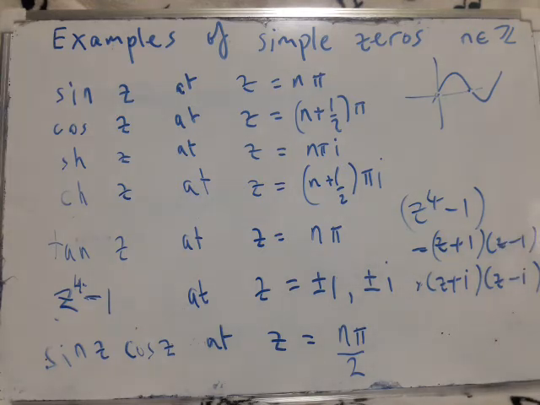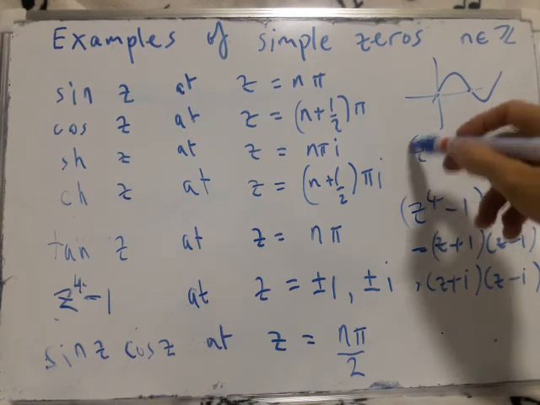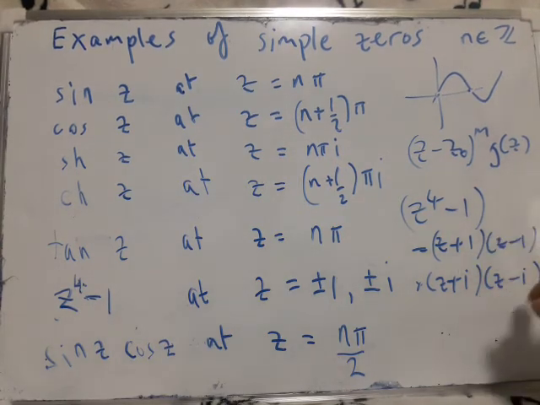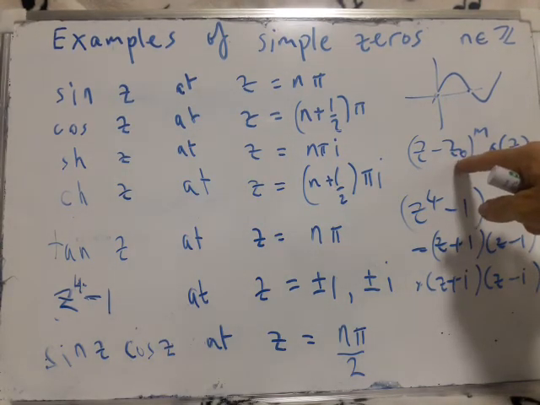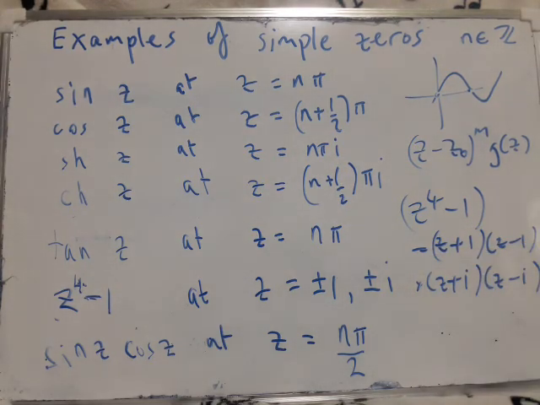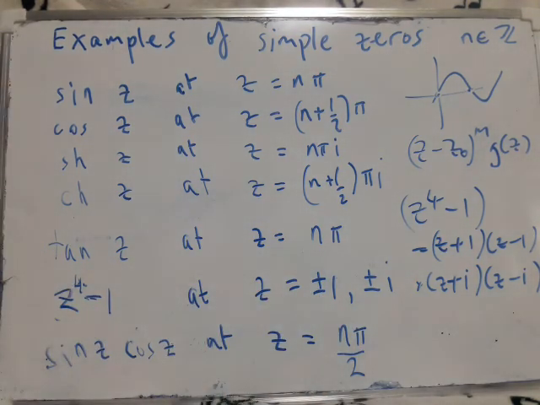But now we're thinking of the definition, z minus z naught to the m times g of z. And obviously this g is the remaining term. So for example, if z naught is 1, then g would be all of this stuff, which is definitely not 0 when z equals 1. So you have simple zeros at all of the roots of this polynomial here.